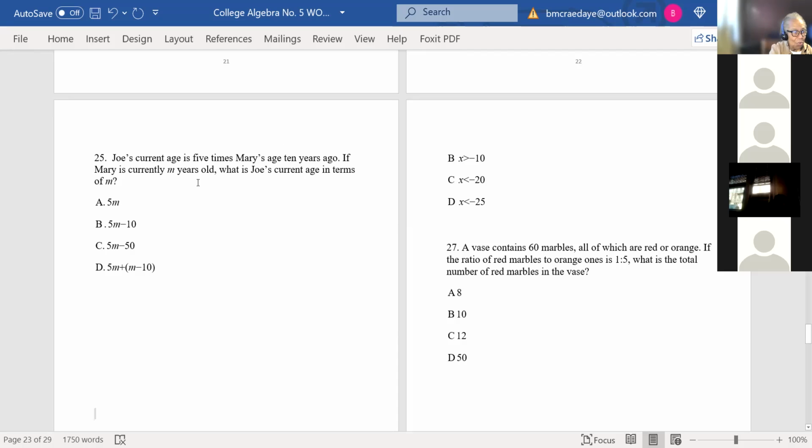Now they told you Mary's age is M, right? M equals Mary's age. Okay, little m. All right. How do you write Joe's current age is 5 times Mary's age 10 years ago?